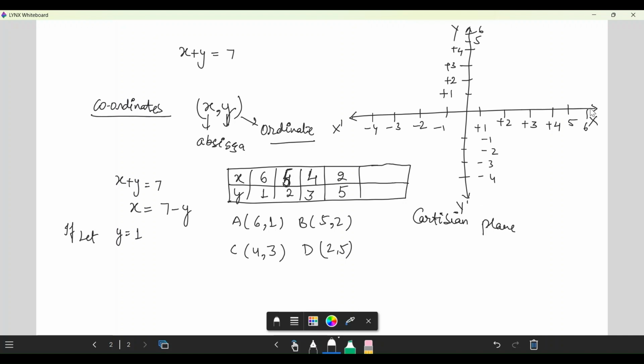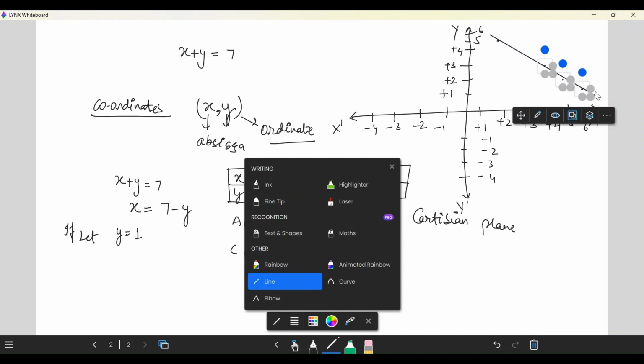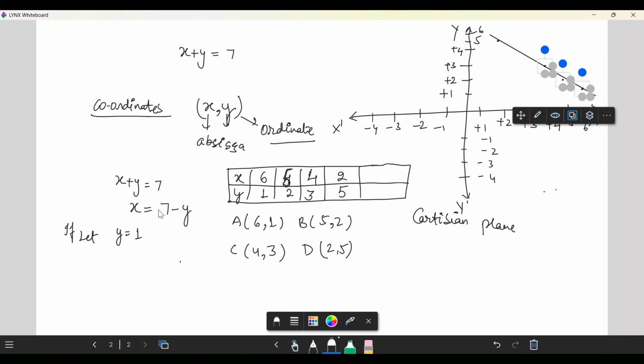So 6 comma 1, 6 is here, 1 is here. 5 comma 2, from here to here. 4 comma 3, 4 of the x-axis and 3 of the y-axis. And D, 2 comma 5, 2 is here and 5 is here. If I make the line, the line will be like this. The solution of the equation becomes a linear line or straight line.